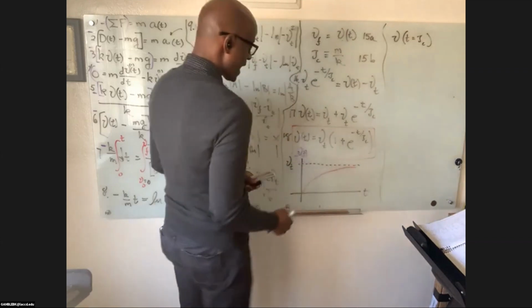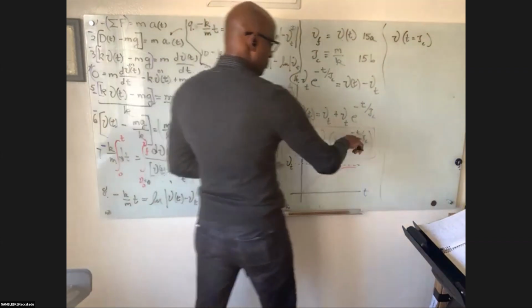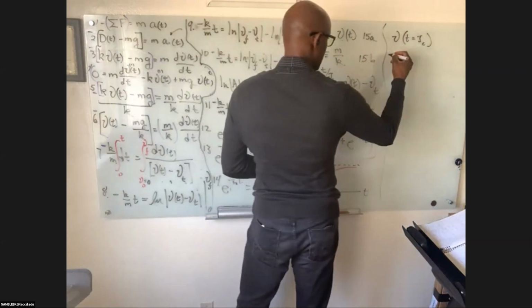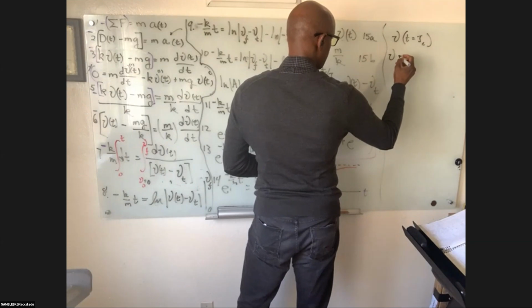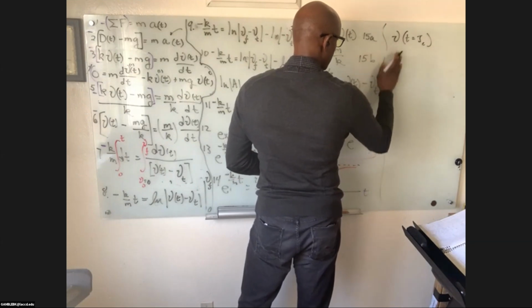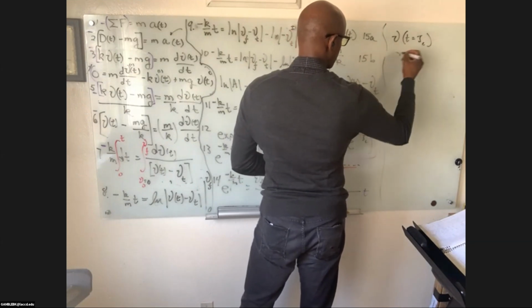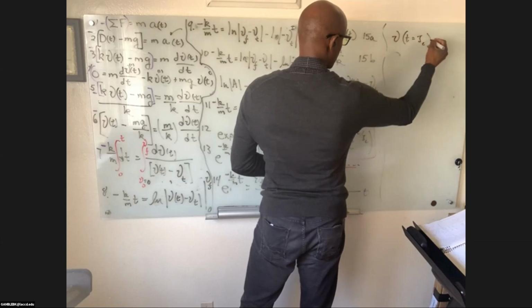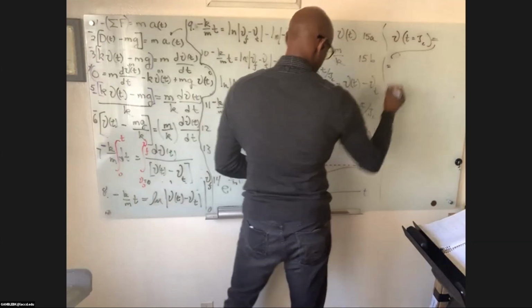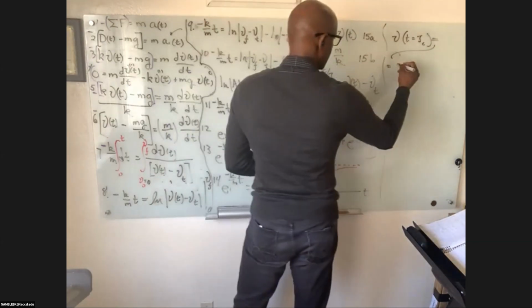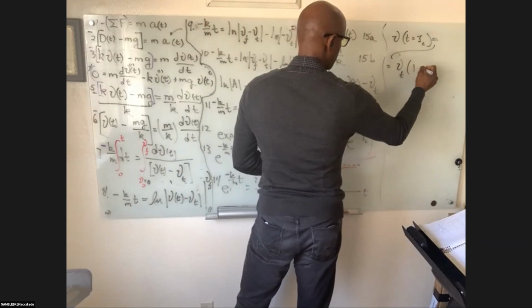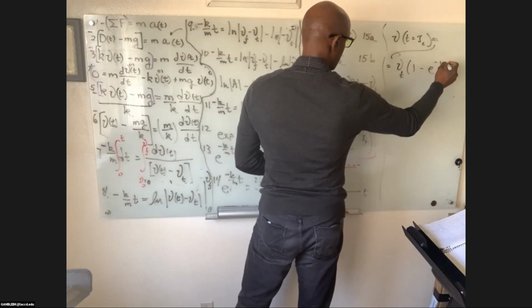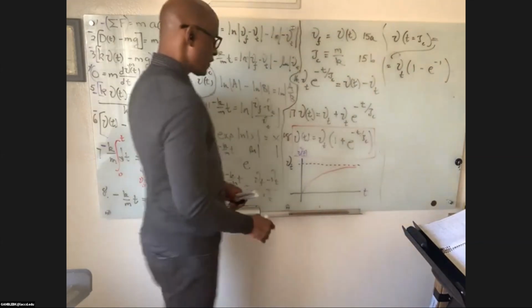This is a nice form to have it in because you put tau c in, that equals V sub t times 1 minus e to the minus 1. And that gives you a very specific value, right?